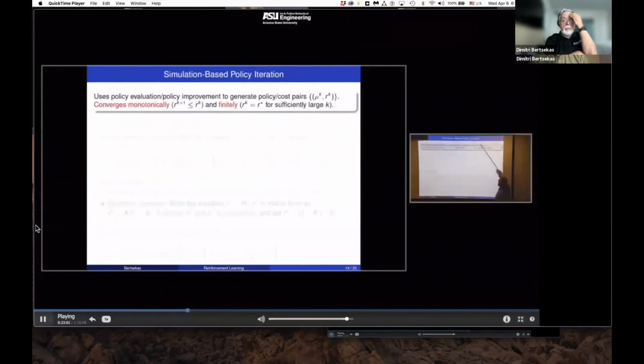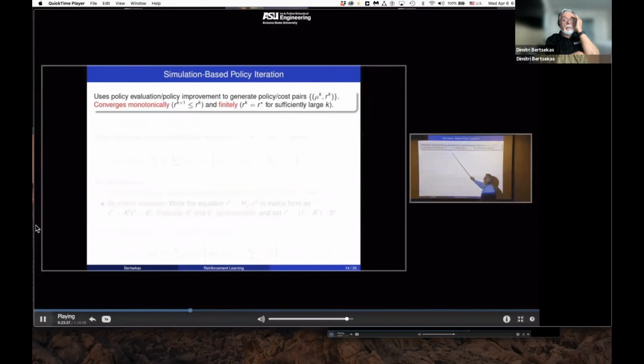And so this is a policy iteration for solving the aggregate problem. And it consists of cycles of policy evaluation and policy improvement. It generates at each iteration a policy and also the aggregate cost corresponding to that policy. Okay? And these R's converge monotonically. There's no oscillation stuff here.